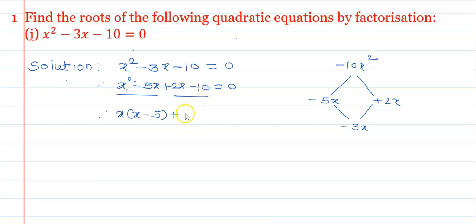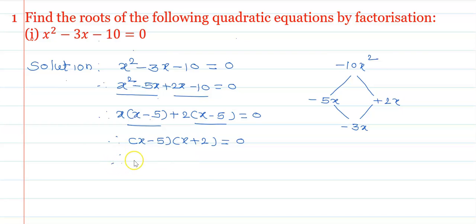Then in the bracket you will get x minus 5, and that's equals to 0. Again, the common factor from these two terms is x minus 5. Therefore x minus 5 into x plus 2 is equals to 0.